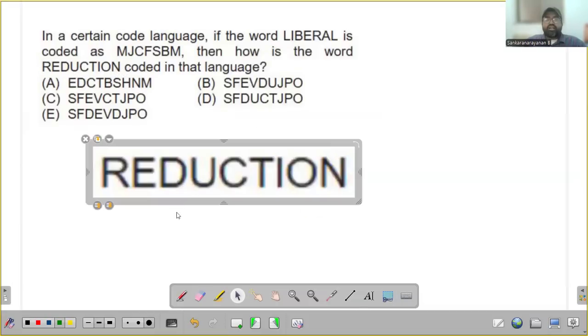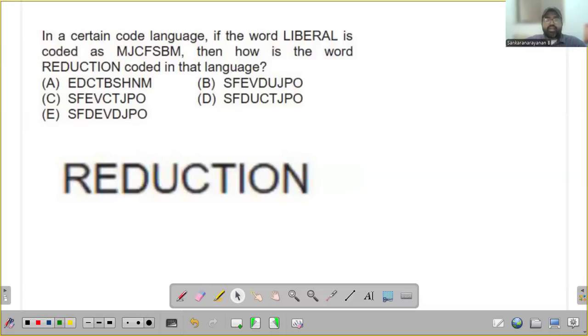So, R incremented by 1 should become S. So it should start with S. Go ahead with eliminating option A. E, the next letter is F. D, the next letter is E. U, the next letter is V. So the first four letters are S, F, E, V. So we can thus eliminate option D and option E.